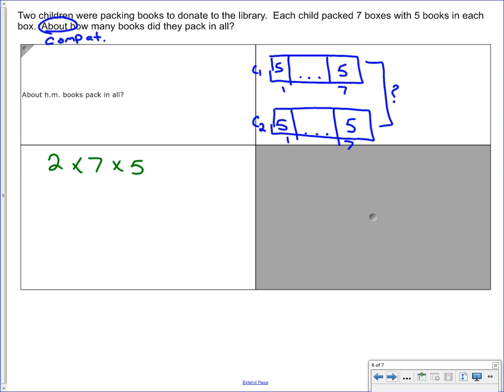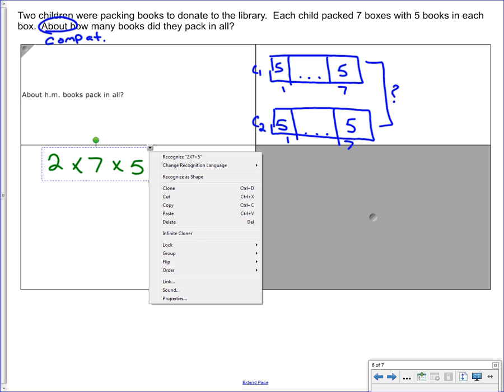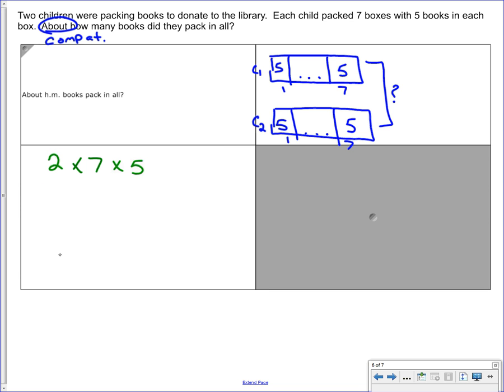If we group, let's see, how can I do this easiest? Let's mark that, and hopefully this works. So if we group 2 and 7, then we would write 14 times 5.